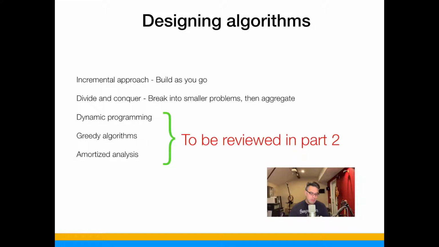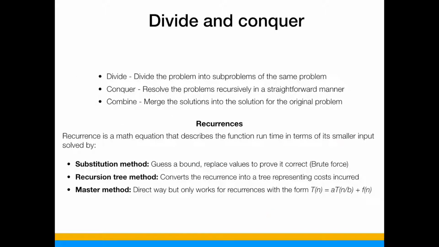That means that you are going to grab the problem and break it into individual small problems and then merge it all together. There are other design algorithm strategies that we're going to review in a second part of this class, which are dynamic programming, greedy algorithms, and amortized analysis. But we're going to leave those for later just because there's quite a decent amount of content and concepts to grasp.